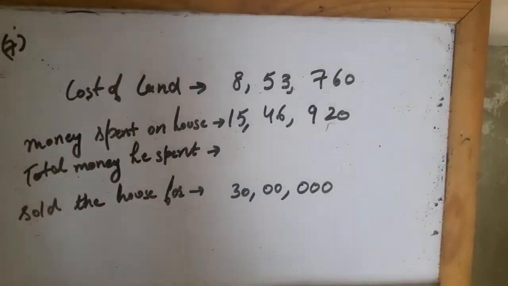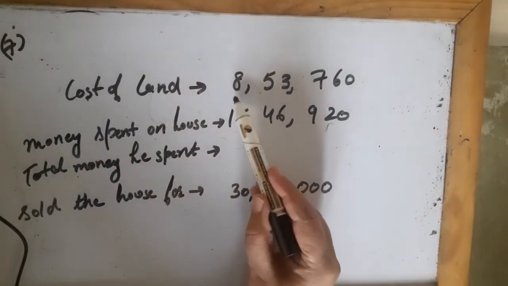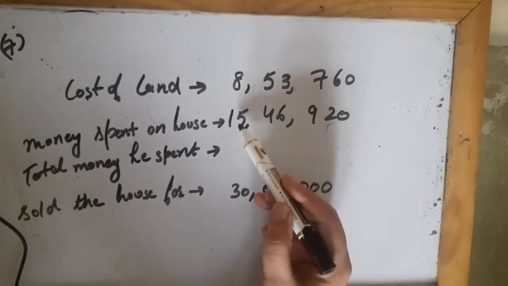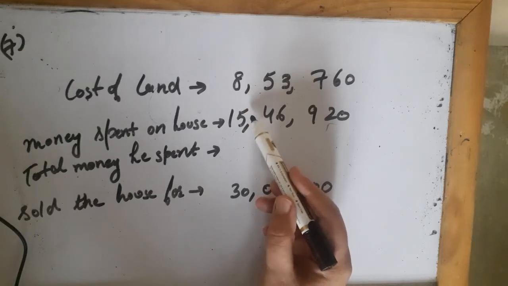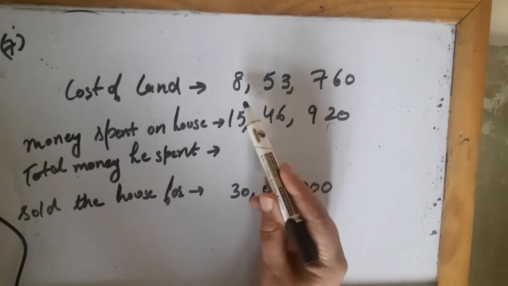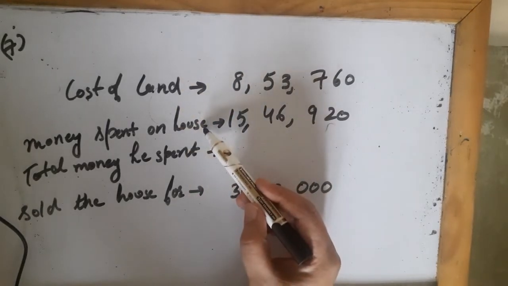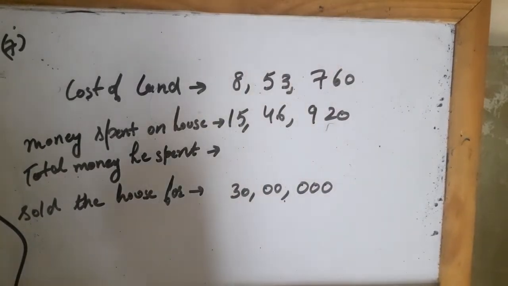So there is a man, he has bought a piece of land for around 8 lakhs, and on that he built a house, and on that house he spent 15 lakhs. First he bought a plot, on that he built a house, and then he sold it for 30 lakhs, and they are asking you how much did he gain.